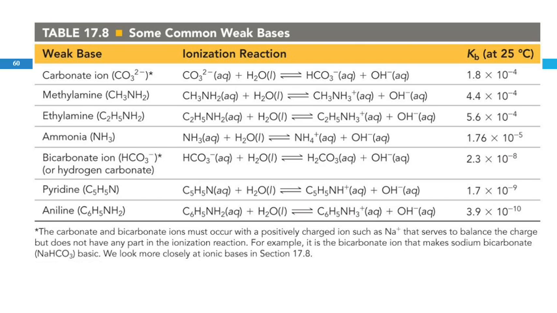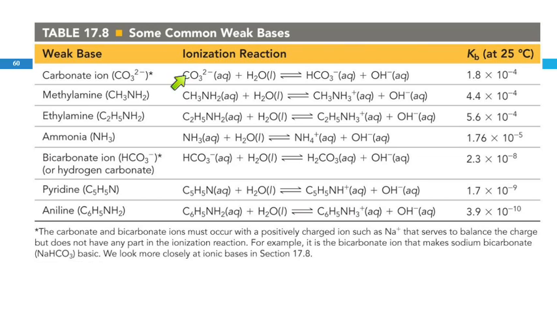Here's some common weak bases, given with base ionization constants. Again, don't memorize those, please. I don't remember them. So we've talked about ammonia. The 2 other ones that you've maybe seen before are carbonate ion and bicarbonate ion, also known as hydrogen carbonate ion.